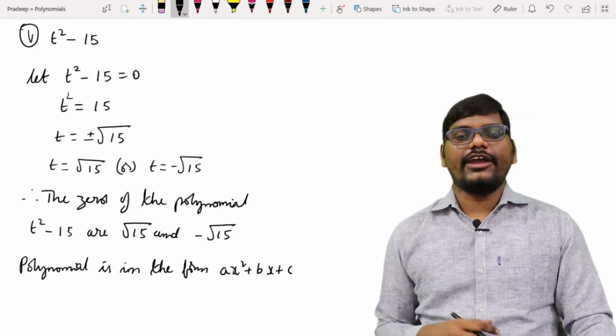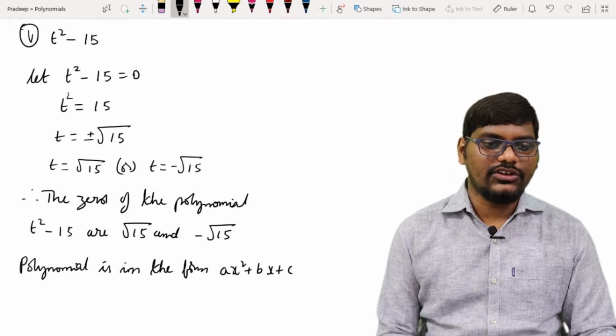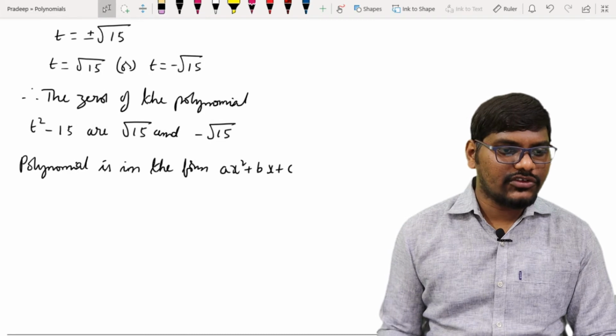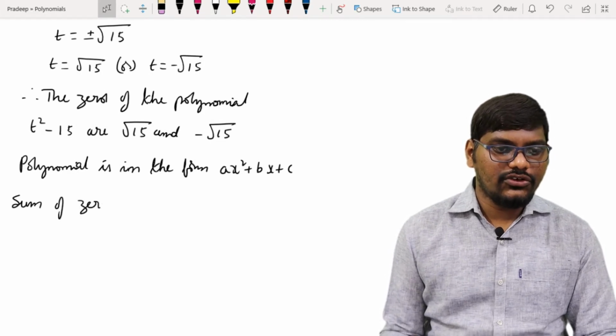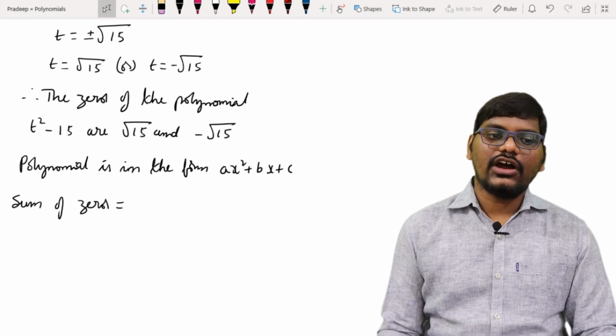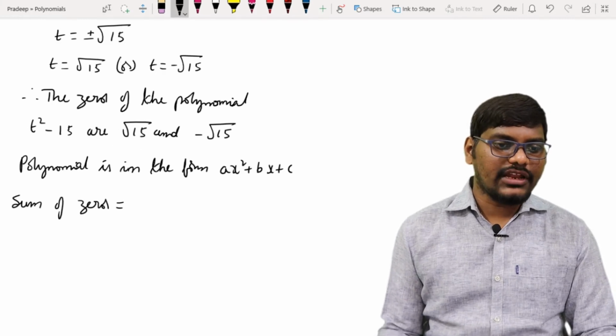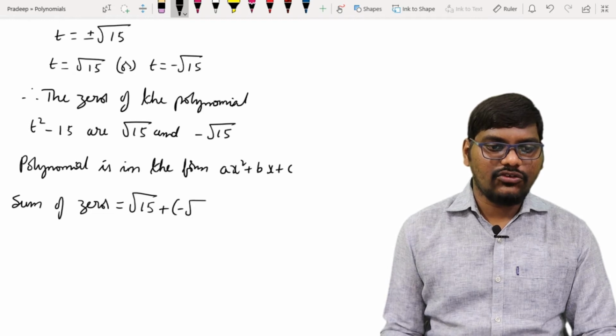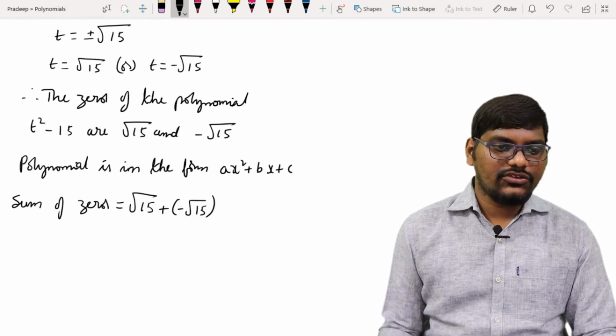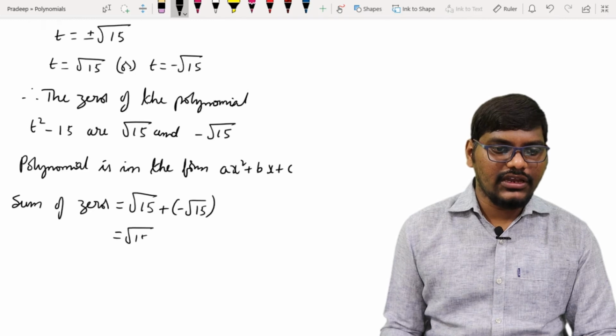Okay, so now we'll find the sum of the zeros and also the product of zeros. So we'll go for the sum of the zeros first. What are the zeros we got? Root 15 and minus root 15. So I can write root 15 plus minus root 15. Okay, so this is root 15 minus root 15.